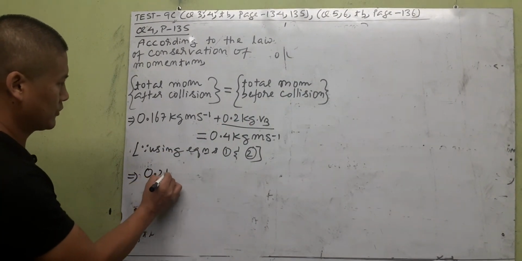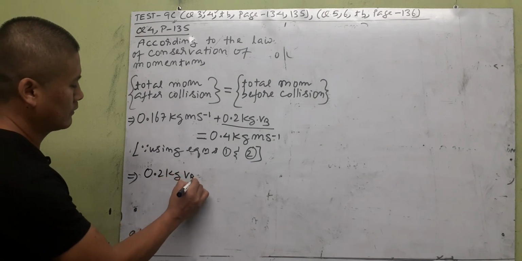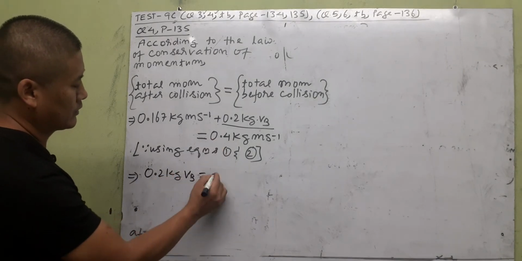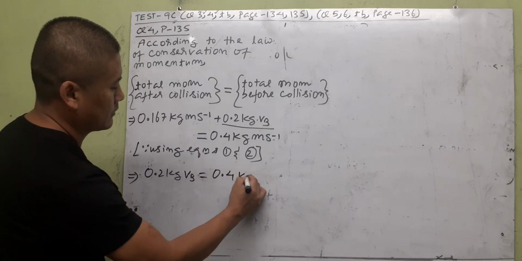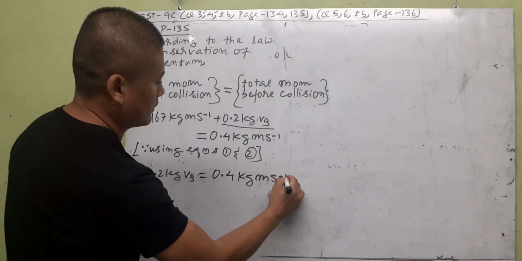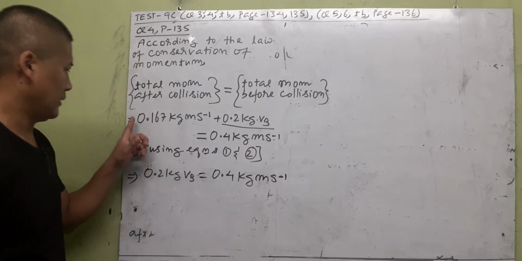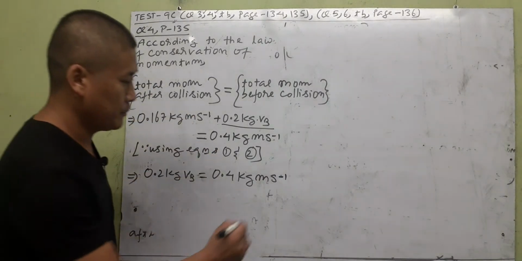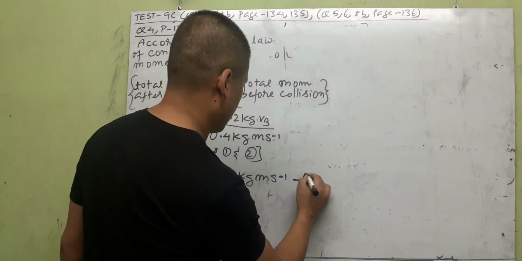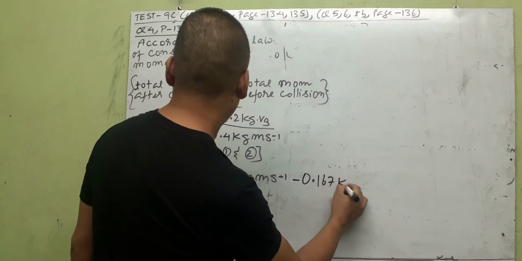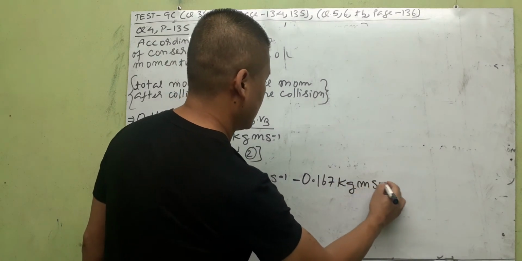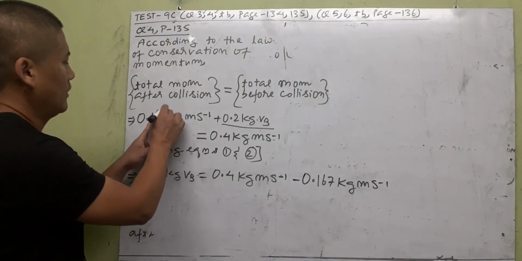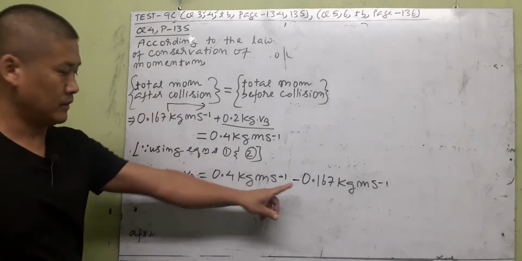That term 0.2 kg into VB, don't move that. Then put equal, and this one also don't move, 0.4 kg meter per second. And this no sign means plus, shift it that side, it becomes minus 0.167 kg meter per second. So this has been shifted to the right side to make it minus.